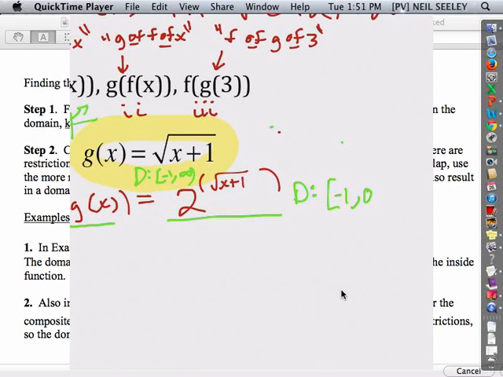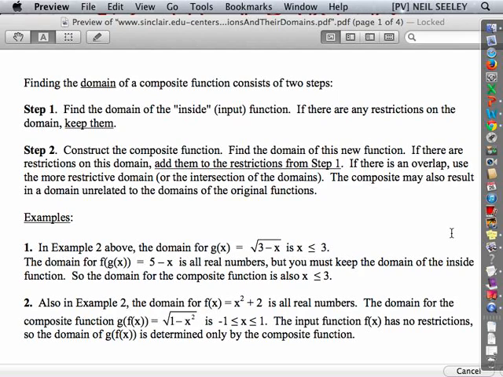The law is this, and let me show you the sheet that I would recommend, and we'll take a peek at. Here's the deal: the domain of a composite function consists of 2 steps. See up on the big screen? One, it says find the domain of the inside or input function. If you have any restrictions there, like we did, it has to be greater than or equal to -1.